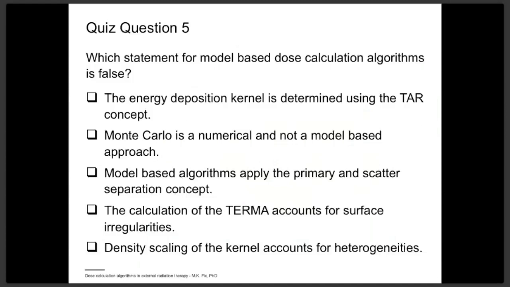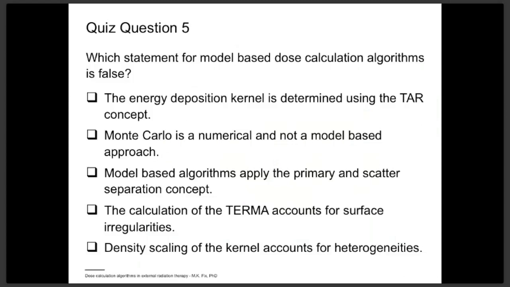Okay, and then one more question here in the chat window. Is it the difference between superposition or convolution? Kindly explain a bit. Typically, the convolution is the part where for one energy you convolve one kernel, and then you make a superposition over the energy. Okay, great. Thank you for clarifying that.